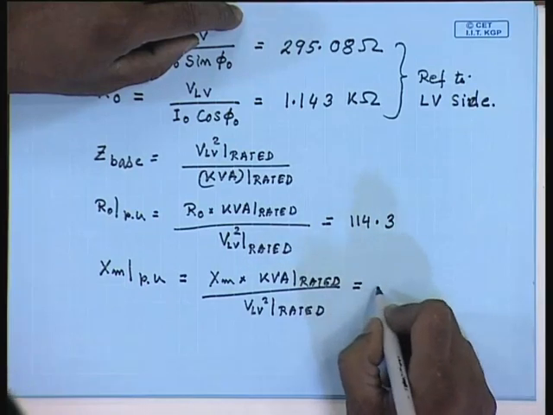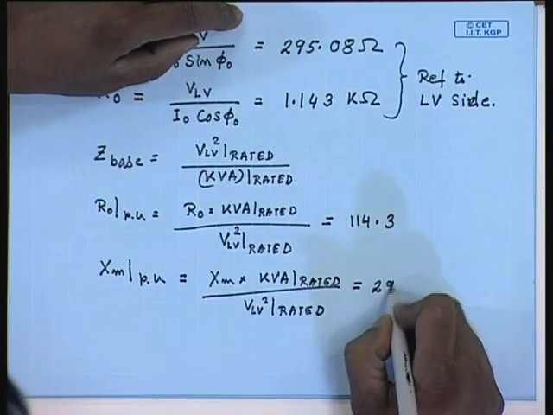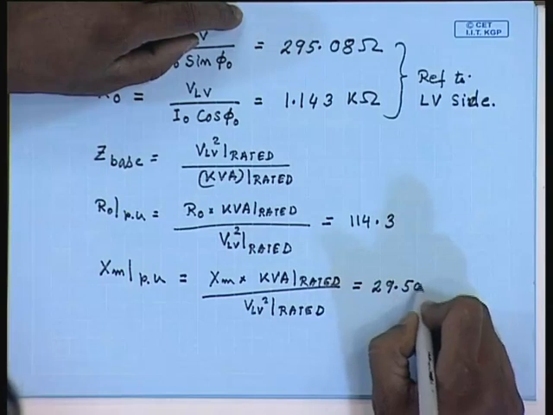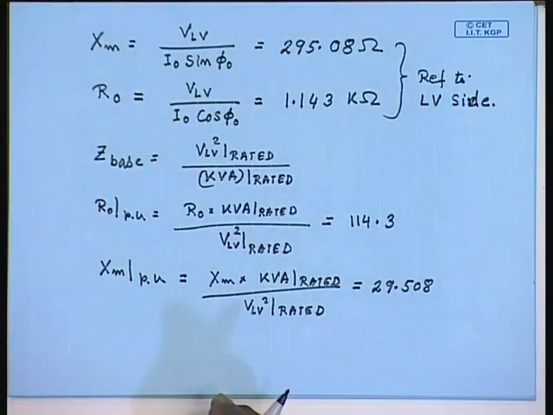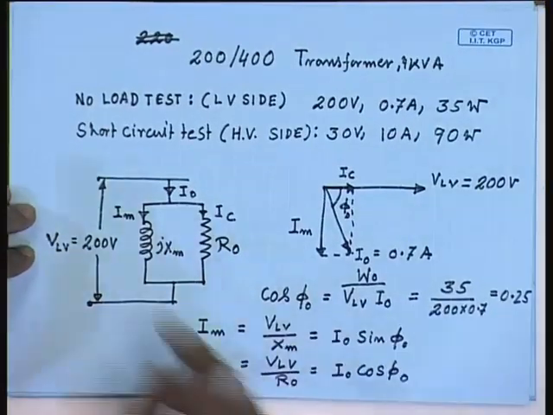This comes to 29.508. So, we have seen how to find out the shunt parameter branches of the equivalent circuit and express them in per unit.